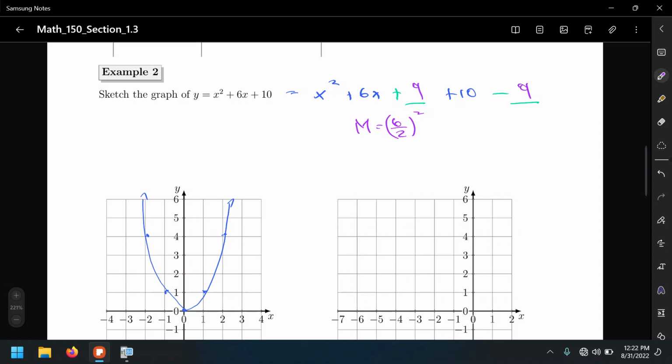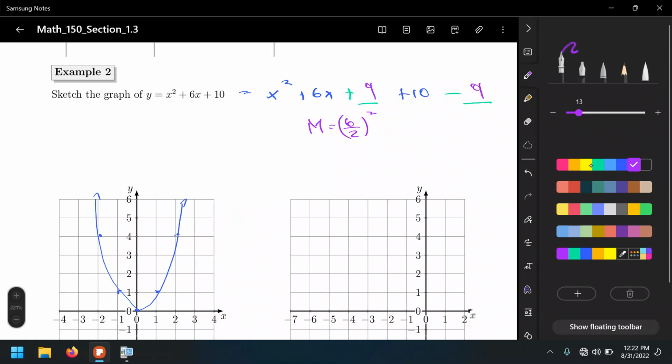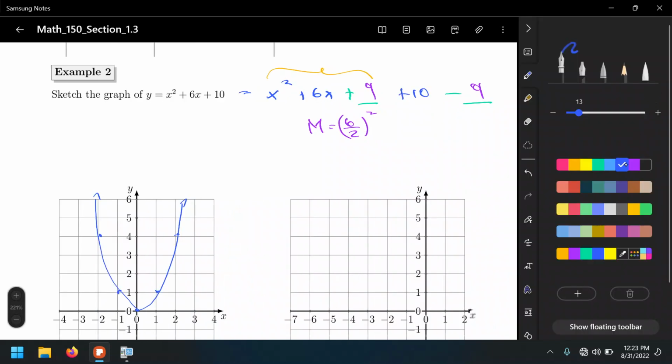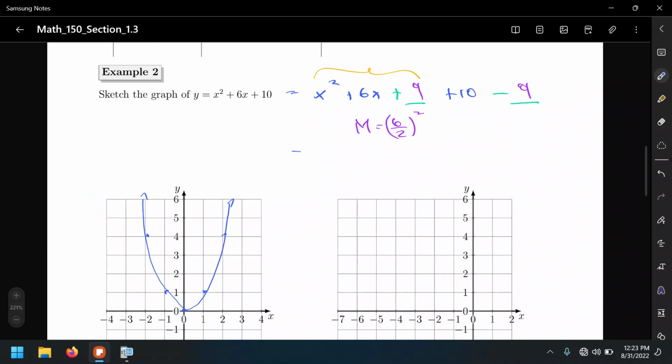Now, these first 3 terms are going to comprise that perfect square trinomial. That's going to be x plus 3 quantity squared, and 10 minus 9, that's a plus 1.